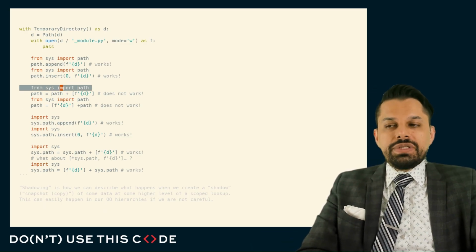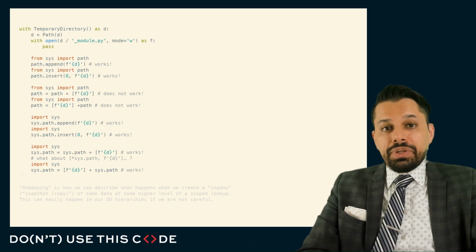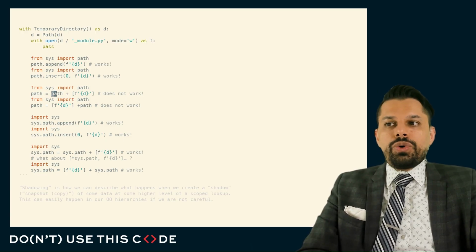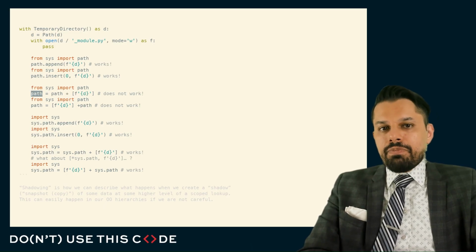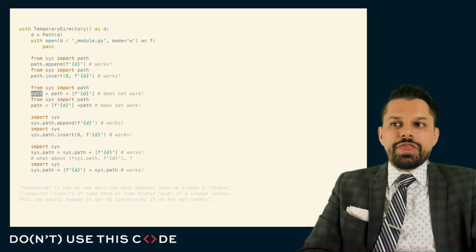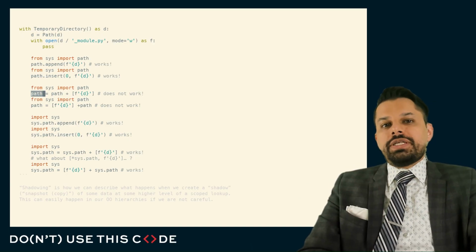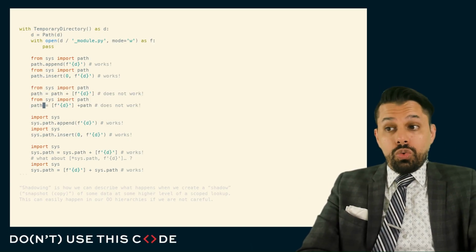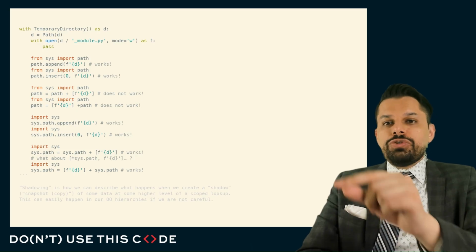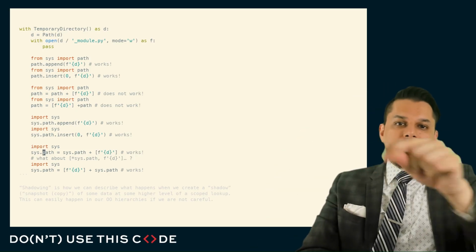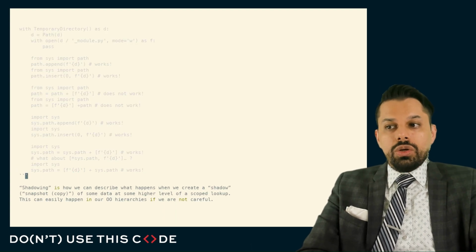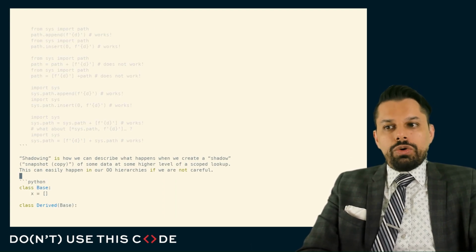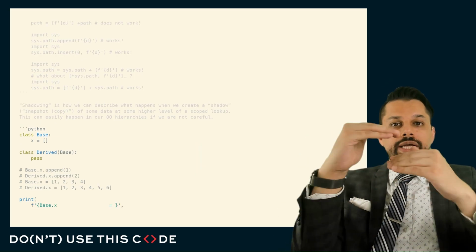If we say from sys import path and we say path plus, what this is going to do is it's going to make a copy of sys.path and create a variable in this module scope called path that has shadowed the original sys.path. So these two won't work. However, if we do sys.path equals sys.path whatever, we're going to assign it back into the sys module, and both of these will work.